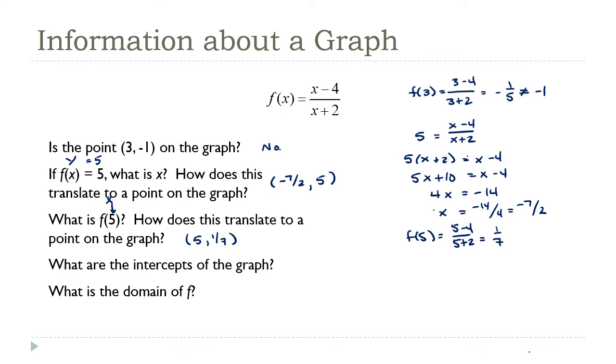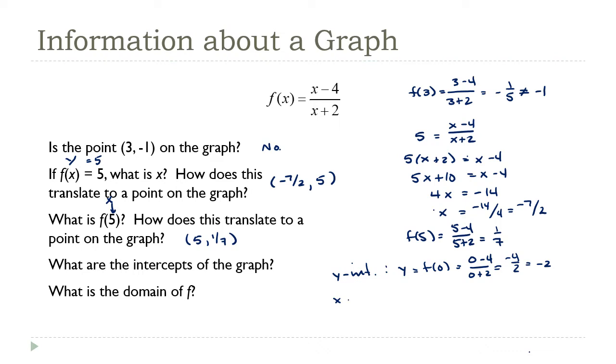Okay, so how about intercepts? Remember, to find the y-intercept, we set x equal to 0. So this is y equals f(0) equals (0 - 4)/(0 + 2), which is -4/2 or -2. So that's the y-intercept.